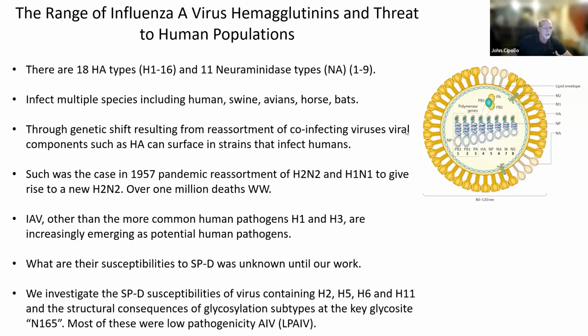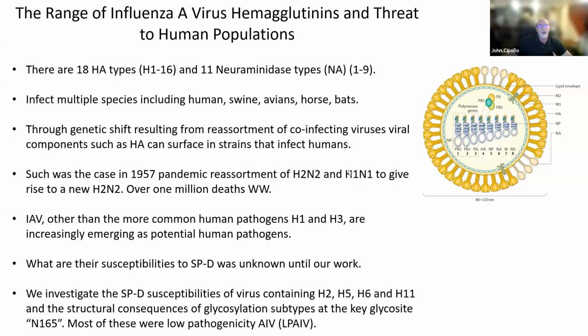That can lead to a range of issues, and one such was in 1957 when a pandemic reassortment of the H2N2 and H1N1 gave rise to a new H2N2, and it was a pandemic, and over 1 million people died worldwide.